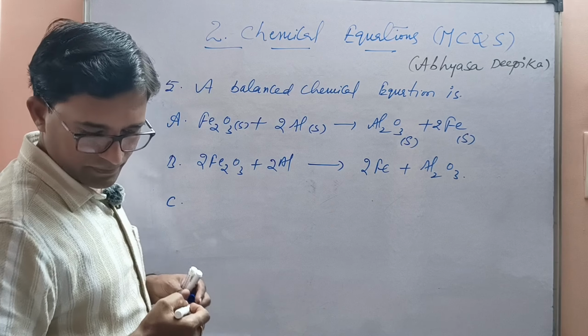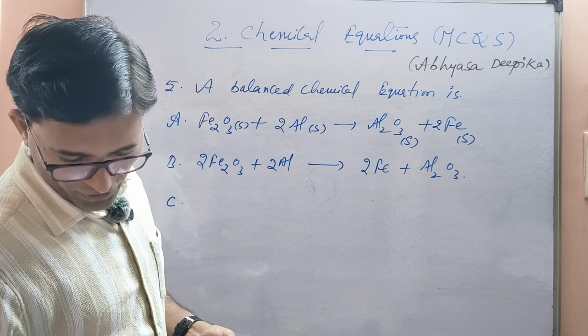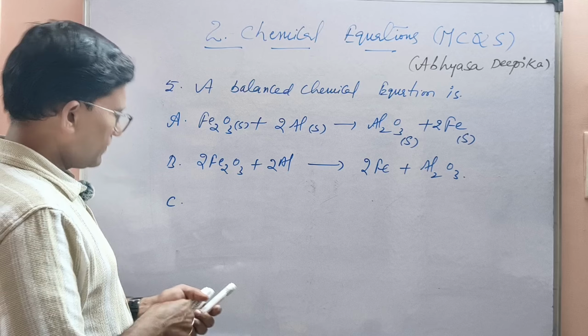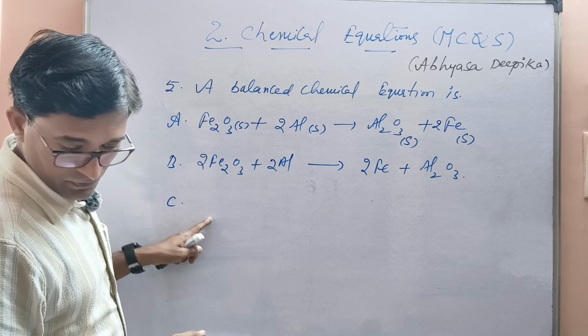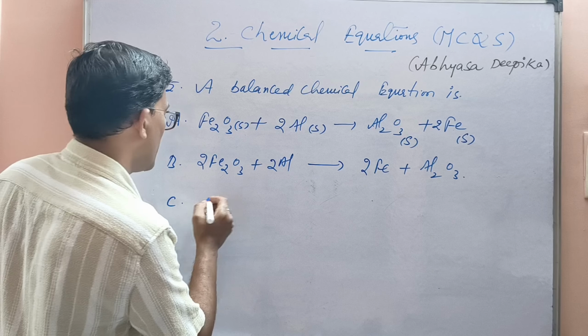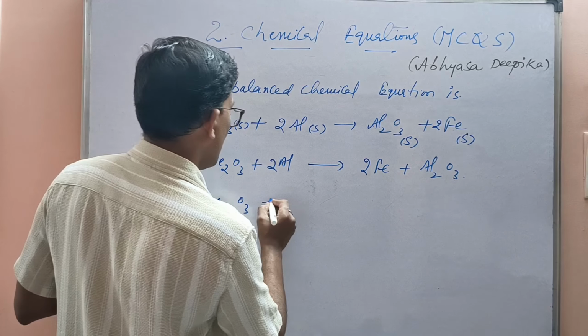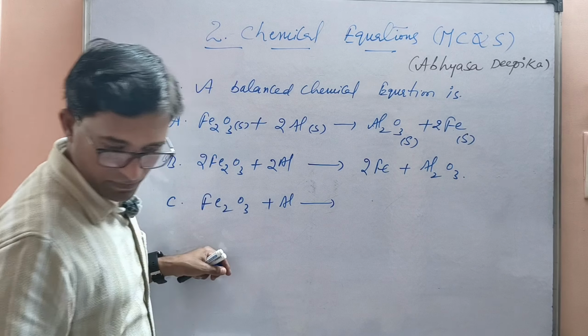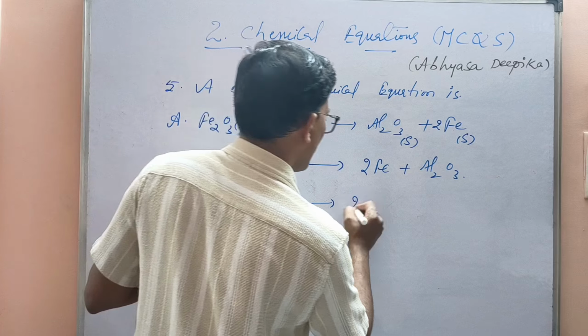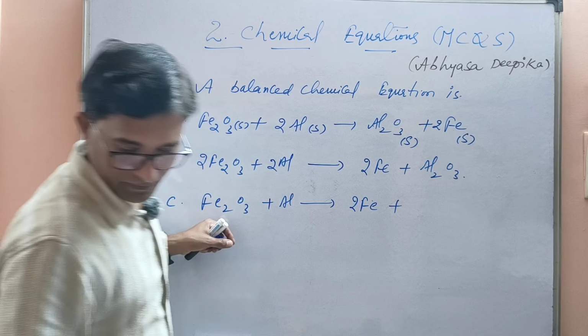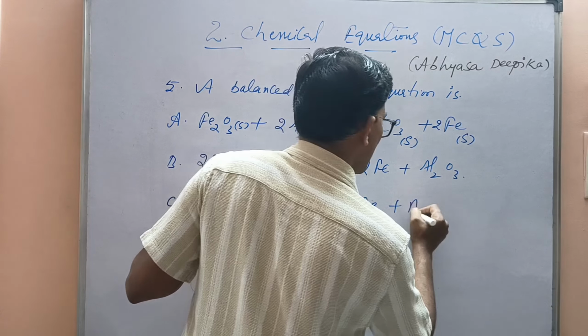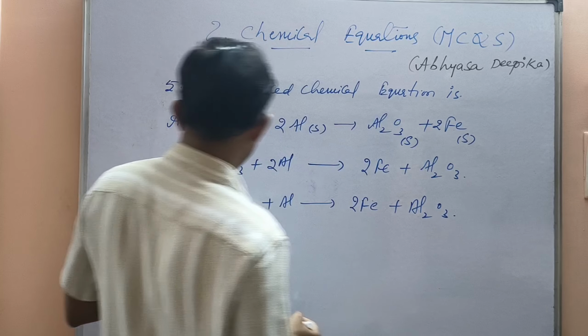And C is Fe2O3 plus Al gives rise to 2Fe plus Al2O3.